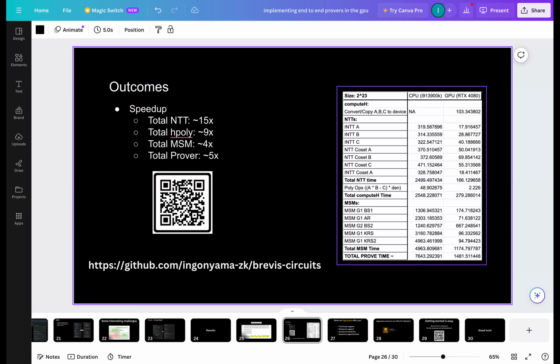But for example, one thing that we're looking into is heterogeneous computing, where we do MSM, FFT, polyops, and the H function on GPU, and then we do the rest of the computation on CPU in parallel to the GPU, because there are many parts that won't really benefit from a GPU.